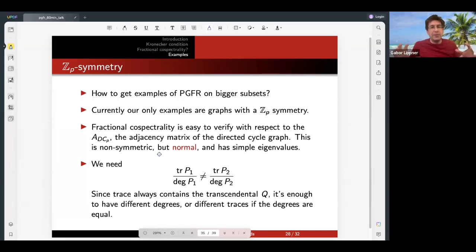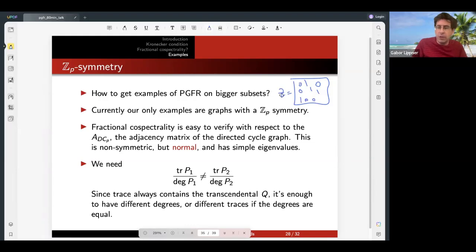We need graphs that have some kind of prime order automorphism. And this is where it's important that my Z matrix is not symmetric, because for such automorphisms, this Z matrix works always. This is just the permutation matrix, which is not symmetric, but it's normal and only has simple eigenvalues.